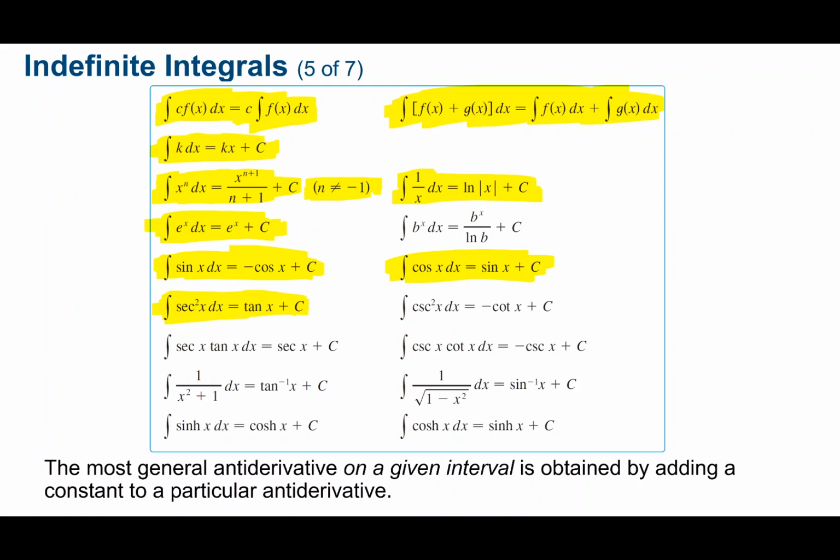Any of these other ones, if I wanted you to find the antiderivative, I'll give you the formula. Yellow one is the one you need to know. That's it. Okay. If you just Google antiderivative formulas, you're going to get hundreds of them, so you can't memorize all of them.